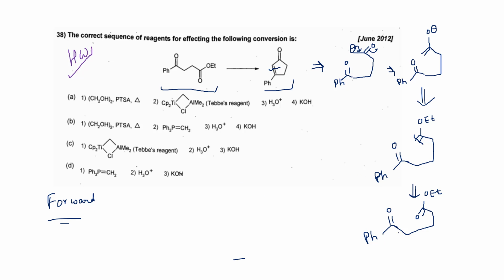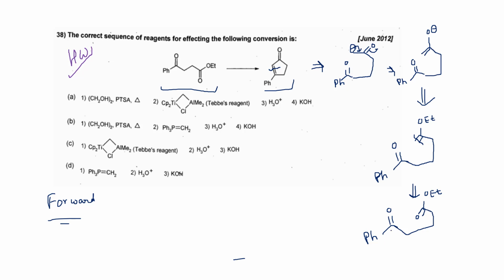So if you want to make this carbonyl into a CH2, that can be performed through a Wittig reaction or Tebbe reagent, you know that. But in the presence of a ketone, there is a high probability that the ketone reacts faster because of its high electrophilicity.